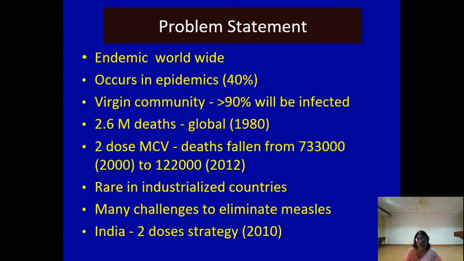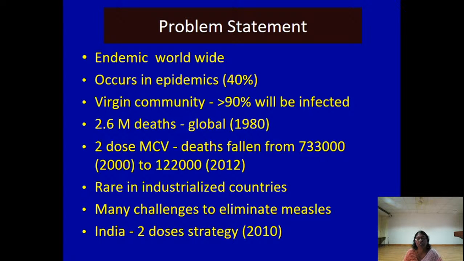So I am just sharing with you all the data which is available. 2.6 million deaths were reported at global level in 1980. And then Government of India has introduced 2 doses of measles vaccine. MCV is nothing but measles containing vaccine. Please remember that it is measles containing vaccine.